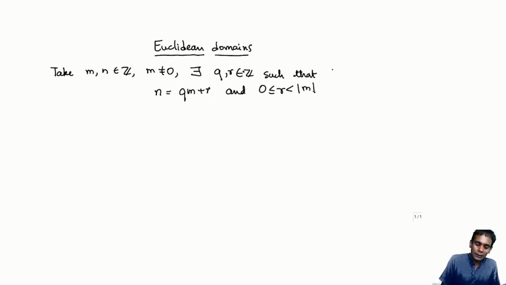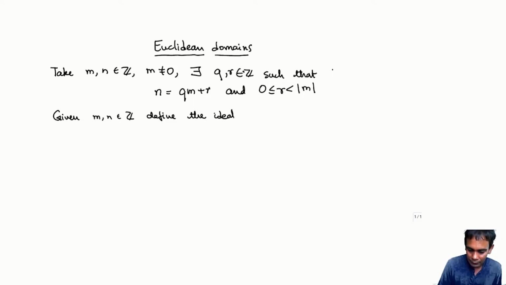Okay, so this is very useful, for example, in finding the GCD of two numbers. So let me define, we can rephrase this GCD problem in another way. So given two integers m and n, define, I'll call it the ideal generated by m and n.